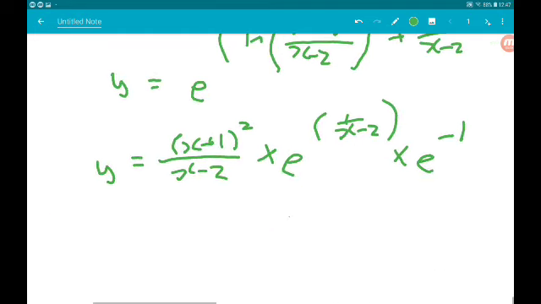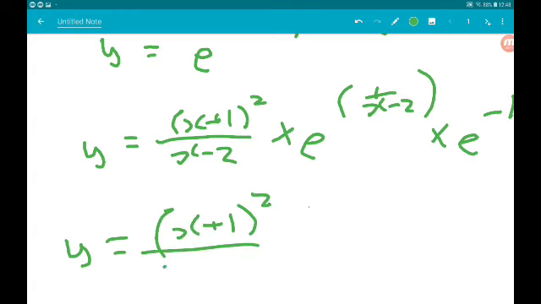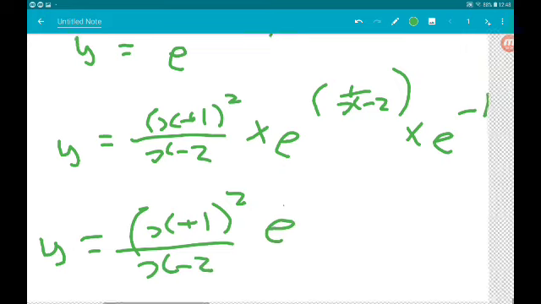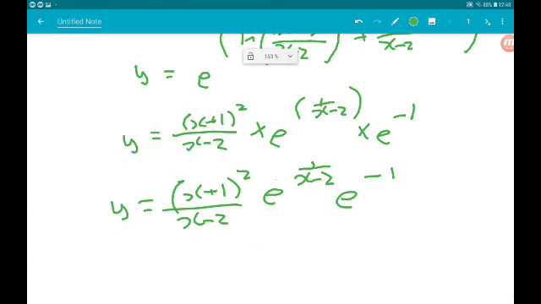So we can finally write this as y is (x plus 1) squared over (x minus 2), times e to the 1 over (x minus 2), times e to the minus 1. There it is.